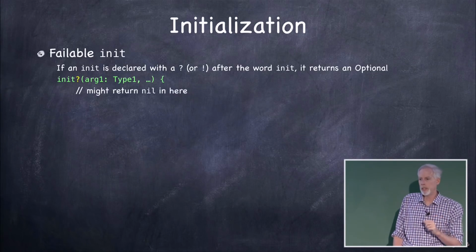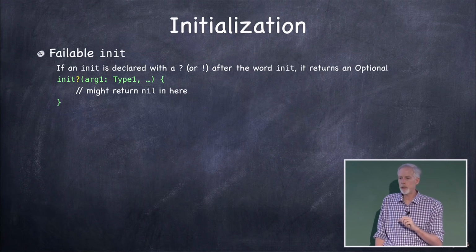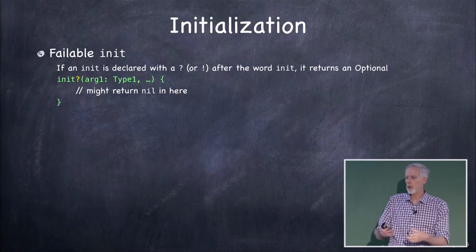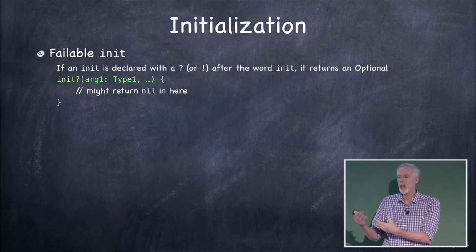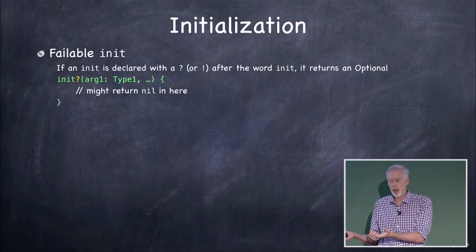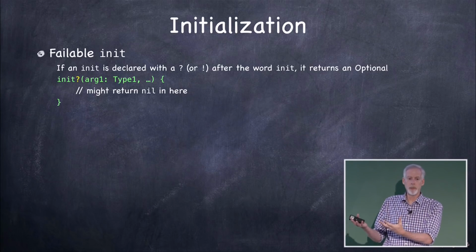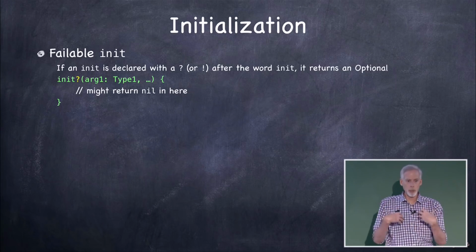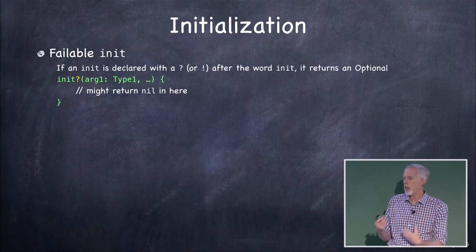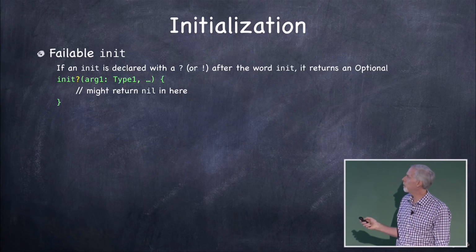All right, failable initializers. It is possible for an init to fail. We saw this with Double. If you pass a string to the initializer and it's not a double, then it will fail and return nil. So failable initializers cause optional versions of the thing to be returned, and you specify them with a little question mark.